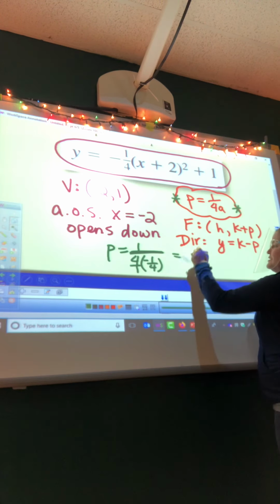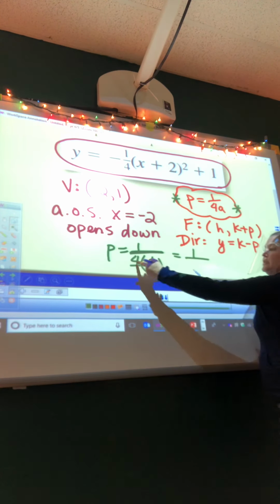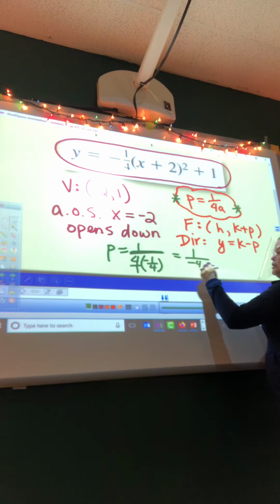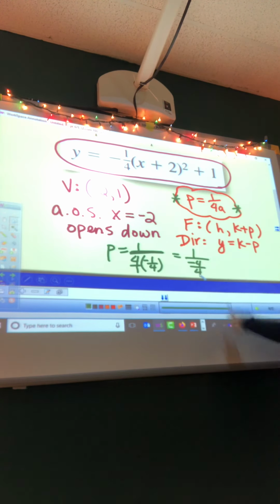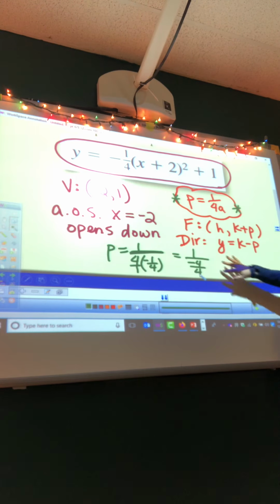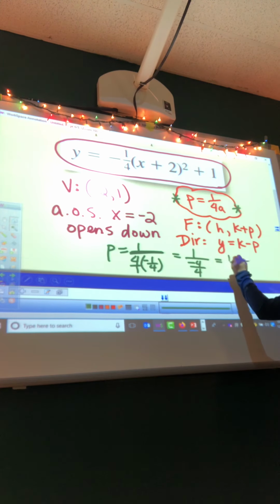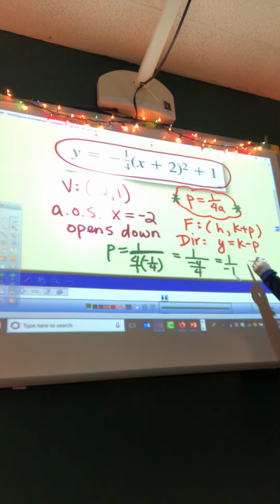So when I look at this, I really have 1/4 over 4/1, right? Top times top, bottom times bottom. What does this really give me? A -1, right? So I really have 1/1, and 1 divided by -1 gives me a p-value of what? -1.